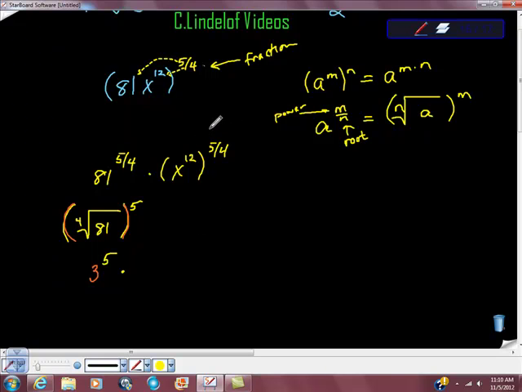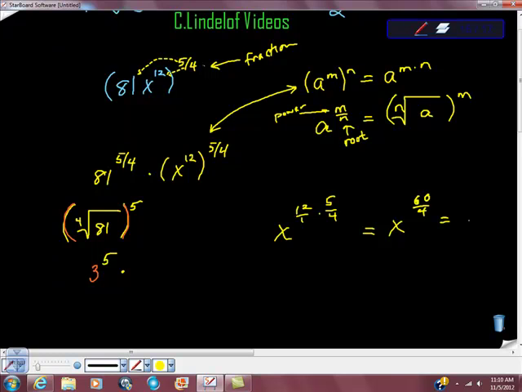We're going to look at this piece now, and I'm going to use this rule right here. So what we really have is x to the 12th, and if you don't mind, I'm going to put 12 as 12 over 1. It's still 12, isn't it? Times 5/4, which is equal to x to the, 12 times 5 is 60, so 60 over 4.